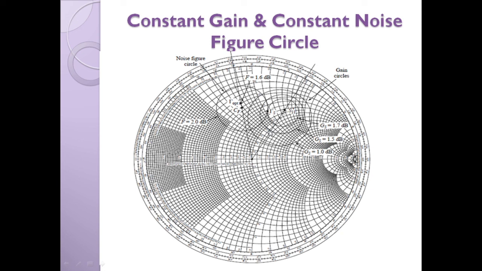We check which gain circle is intersecting the noise figure circle. According to these three gains, 1.7 decibel, 1.5 decibel and 1 decibel, the 1.7 decibel gain circle is intersecting the noise figure circle at this point. Where it makes the intersection, the value present is gamma s.